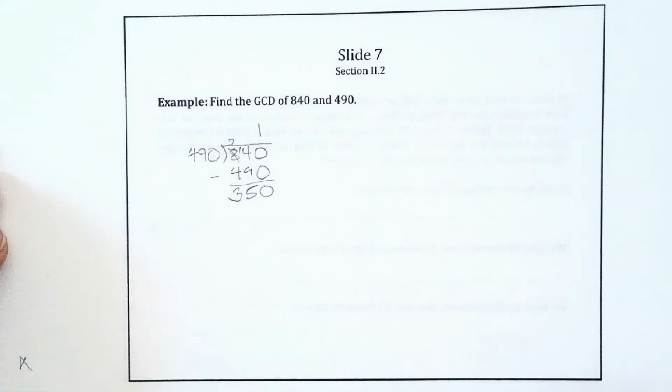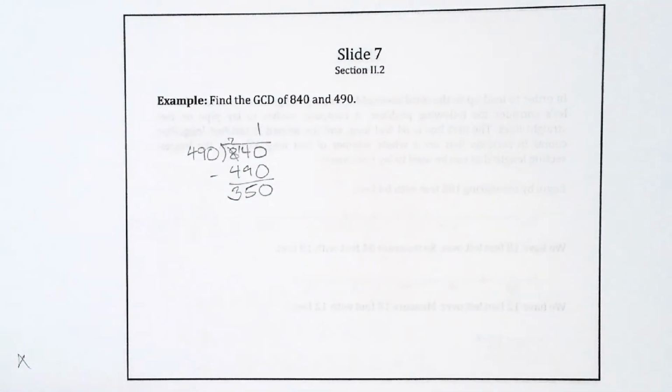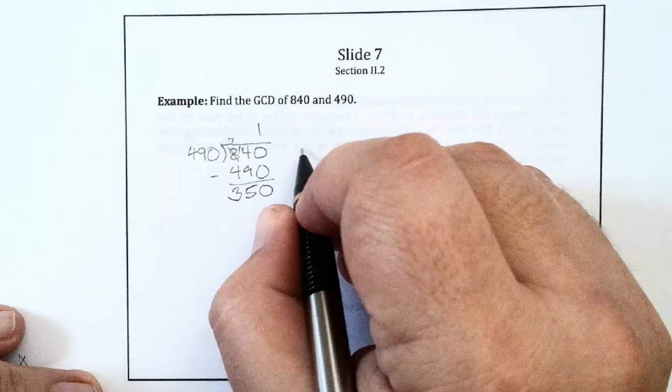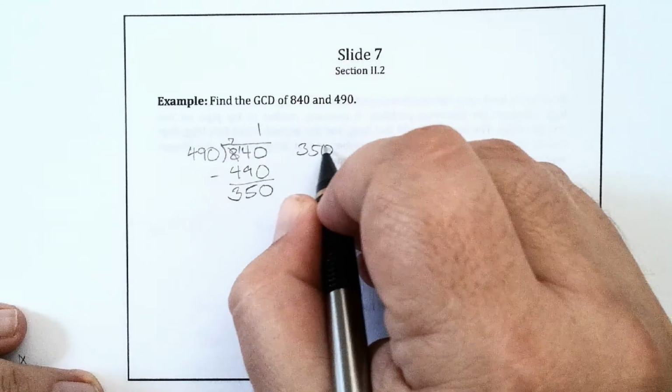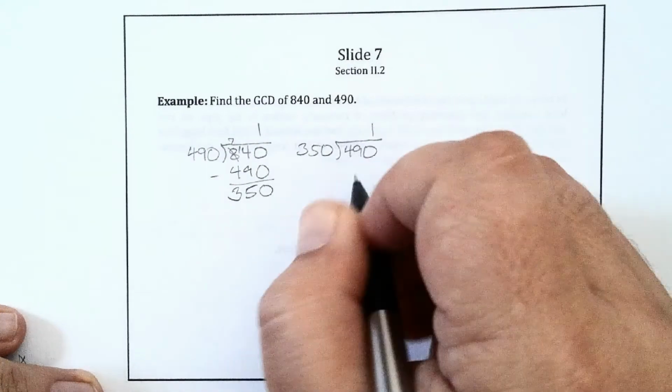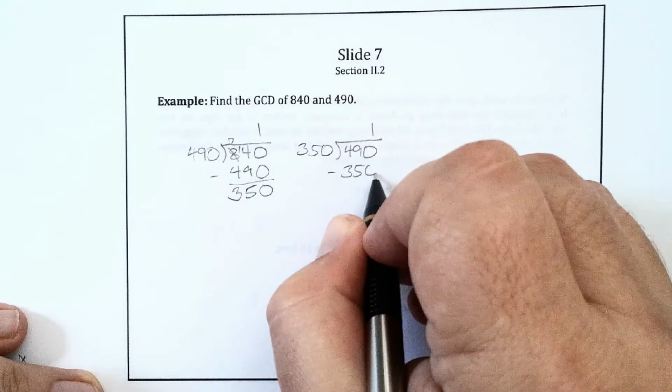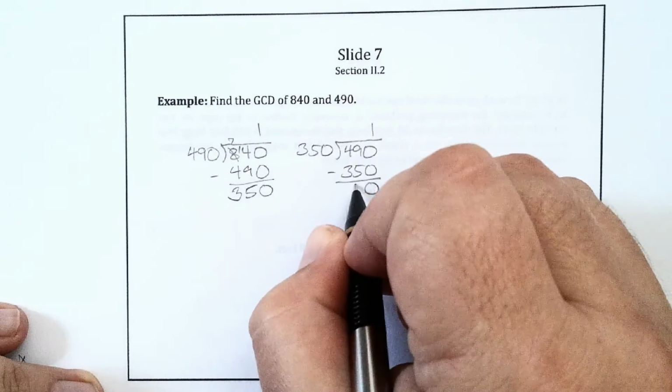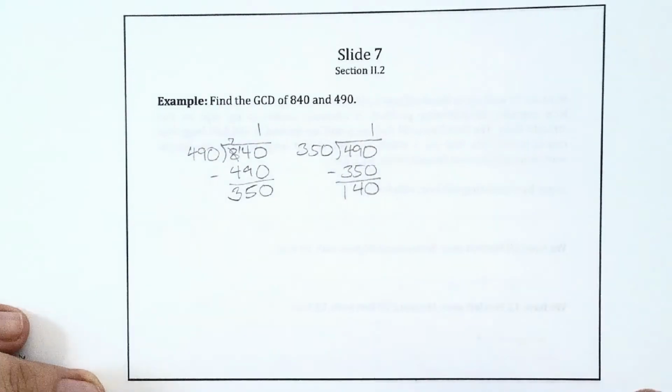And we get 350. Now I divide 350 into 490. It goes in there once. We get 140 left over.